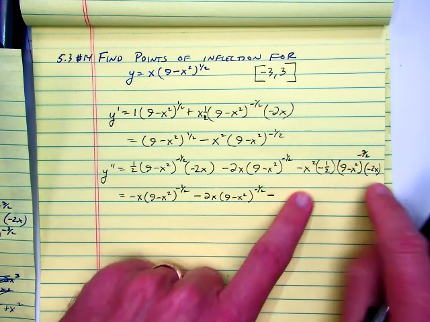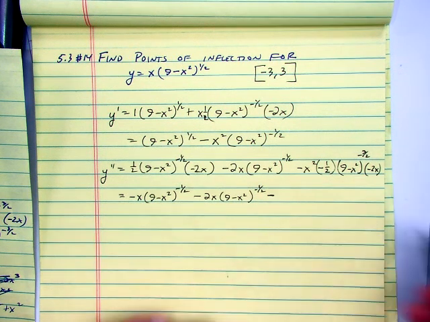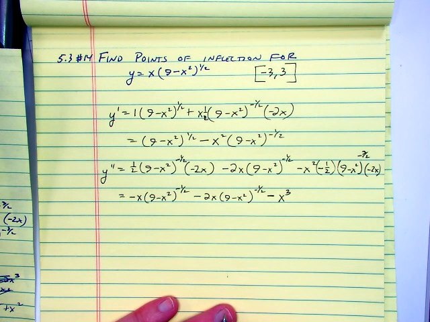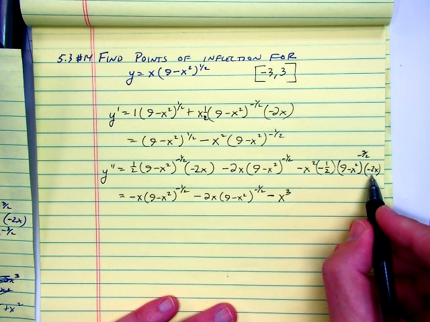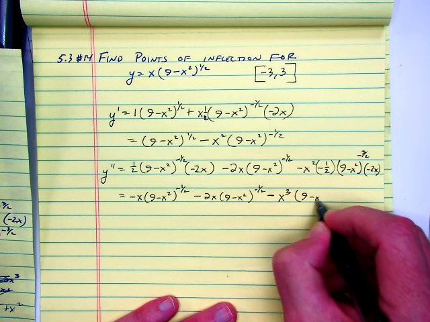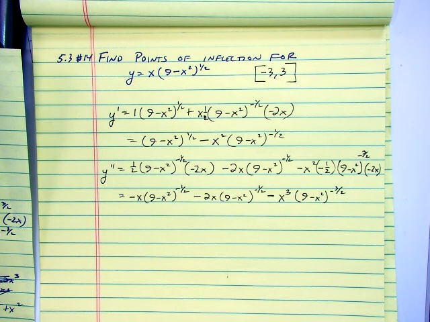The 2 and the 1/2 are going to cancel, but I now have an x cubed out front. And then I have a 9 minus x squared to the -3/2. Okay? So we have a lot of different stuff here that we got to take care of.